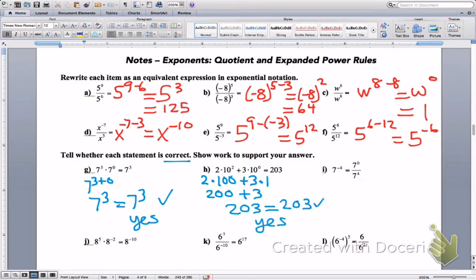It's correct. Next one, we're going to evaluate the right side. So 0 minus 4. And the 0 does nothing to the negative 4, so it's just 7 to the negative 4. And the right side is the same. So this is a true statement, so this is another yes here. Let's go ahead and move on to the next ones.